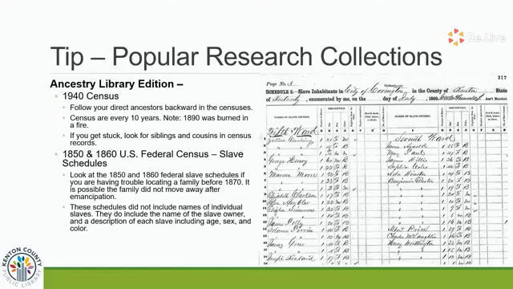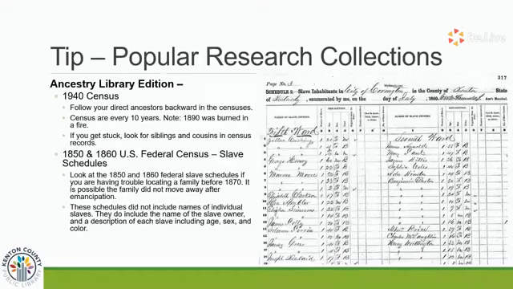They only list a description of their age, gender, and color. And they also list the name of the slave owner. That might be a clue, because you might see in 1870 they're living next to a particular white family. So in 1860, look for that white family in these schedules and see if the makeup of the family is in that schedule.